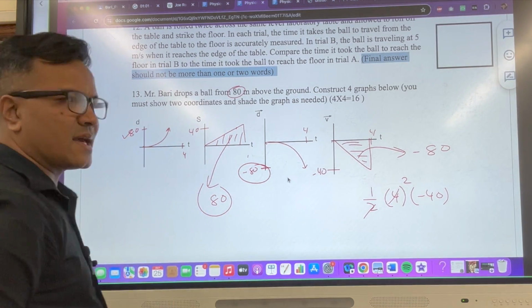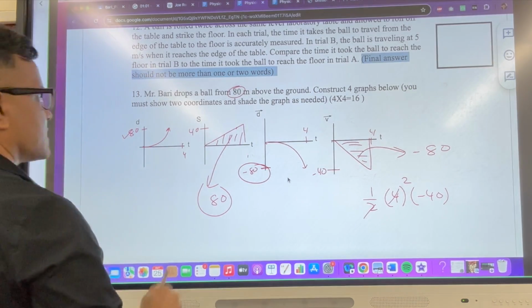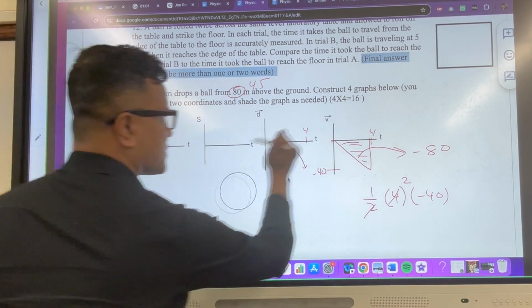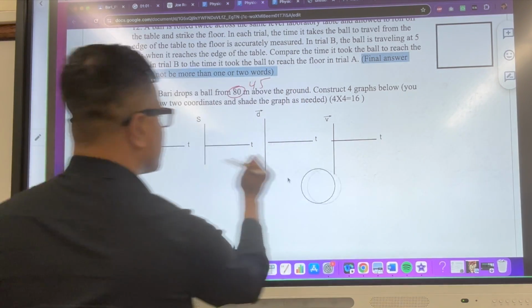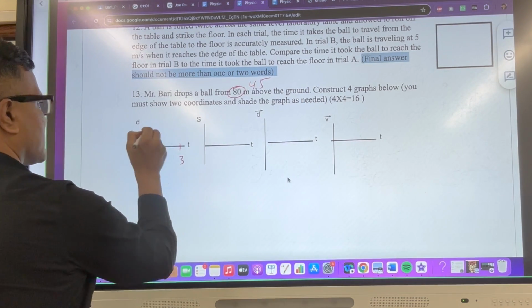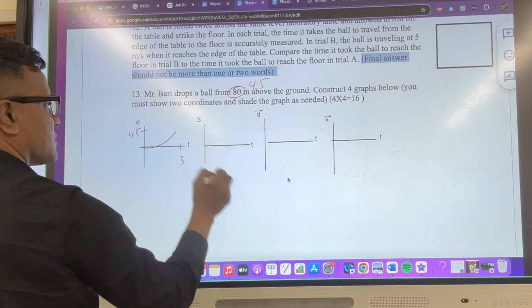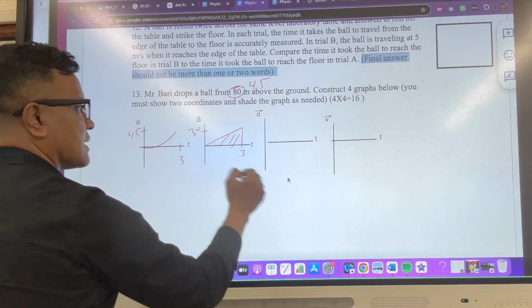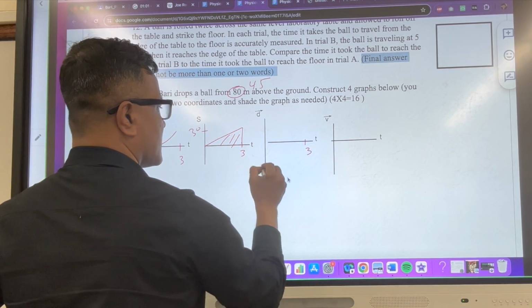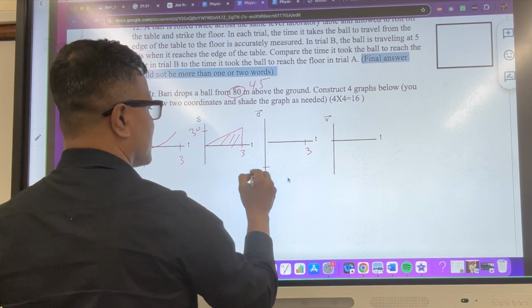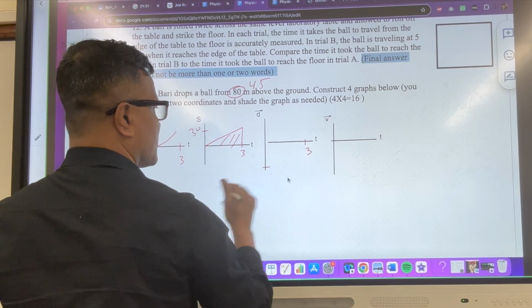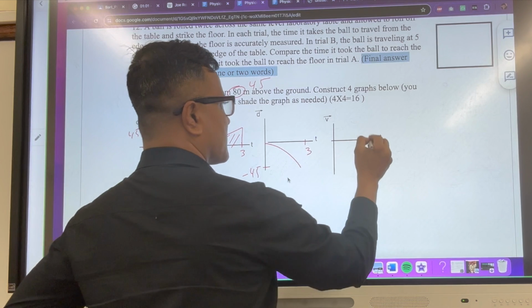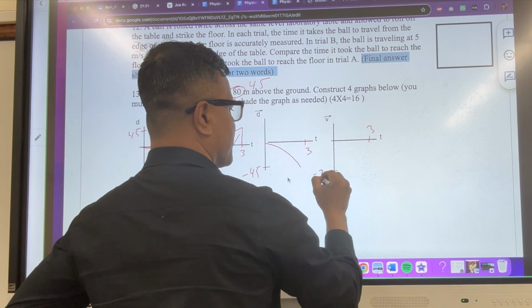Let's prove that. Okay, the other set B, instead of 80 I give you 45. So if this one is 45, you change nothing, you just write 3 seconds and 45. You write 3 seconds and then 30. You write 3 seconds and then negative 30, negative 45, and you write 3 seconds and negative 30.